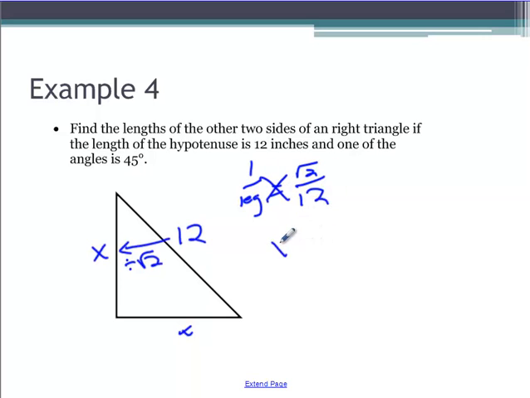When I cross multiply, I get x times the square root of 2 equals 12. So x equals 12 over square root of 2.